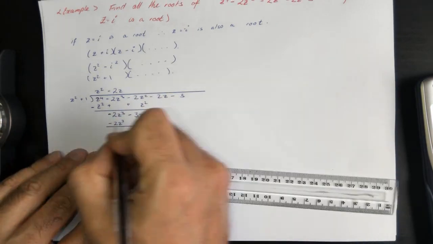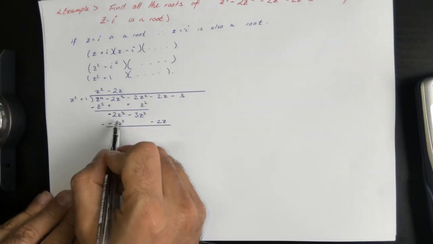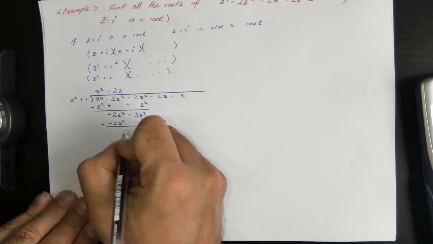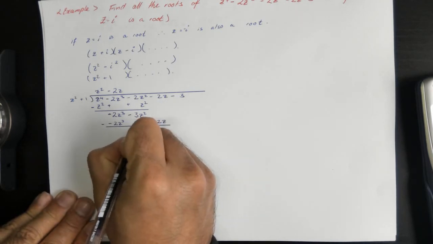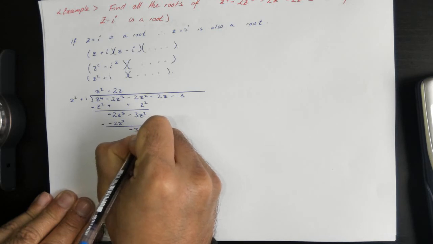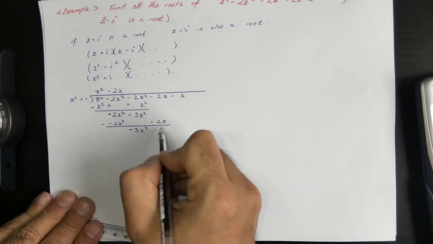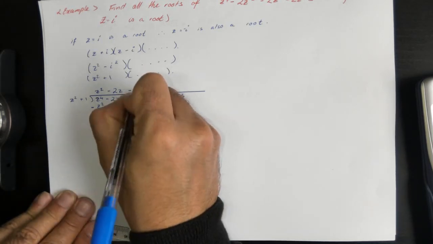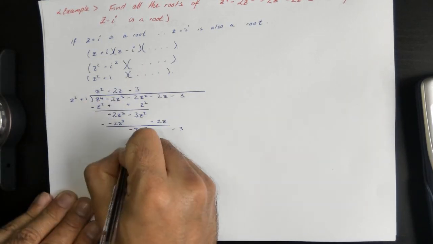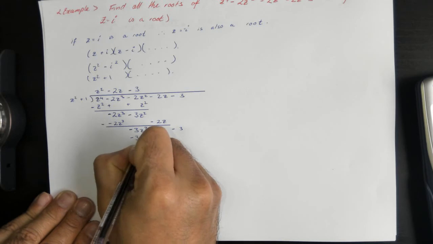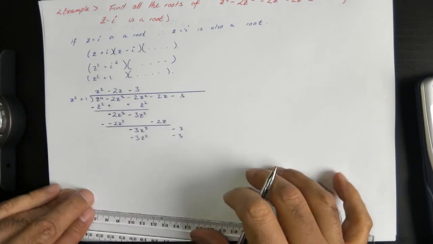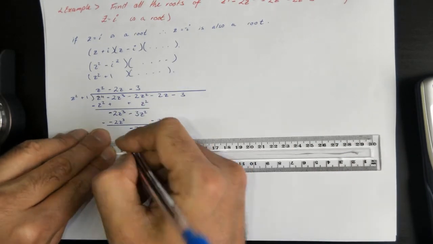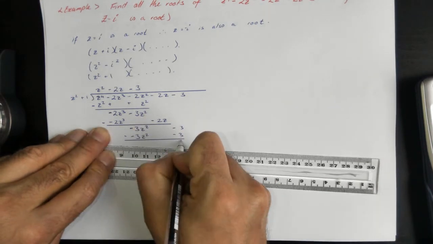So 2z cubed minus 2z. Okay, so I'm going to subtract that. That cancels out. That's going to still be minus 3z squared, minus 2z minus 2z disappears, so you get minus 3. So it's going to be minus 3z squared, minus 3, so yeah, that cancels out. Cool.